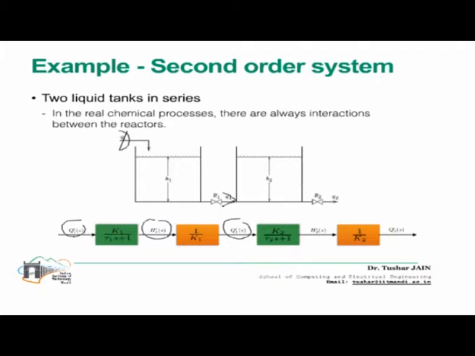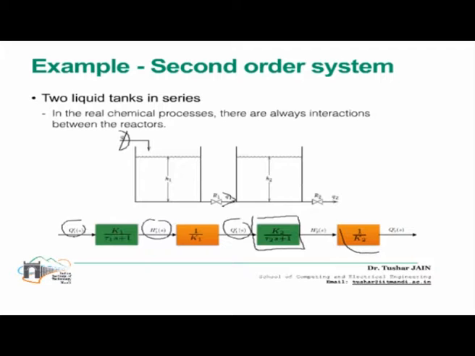There is a relationship between Q1 and H2, which is defined by this transfer function. This is also a first order system. And finally I have a relationship for this valve between H2 and Q2, which is just a constant. So if I put all these transfer functions in series, I will have a second order system.